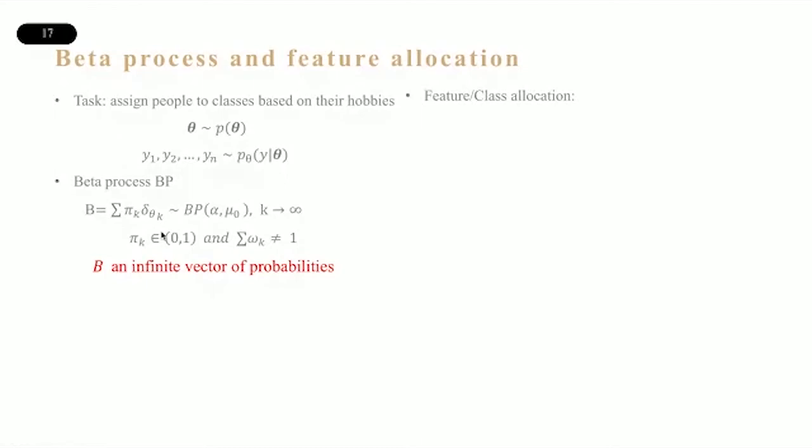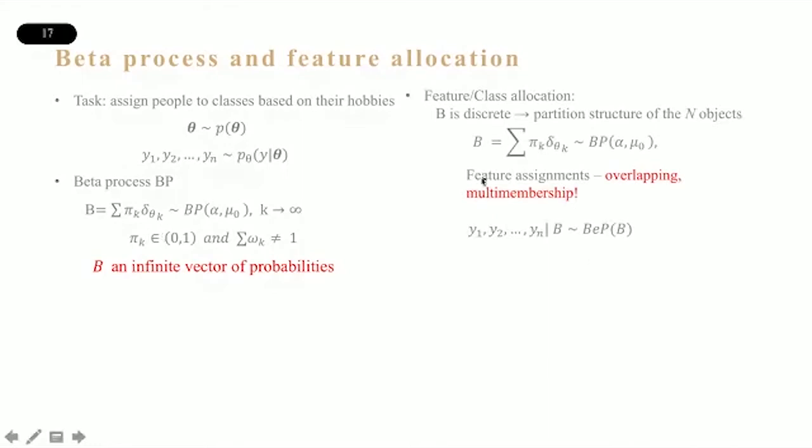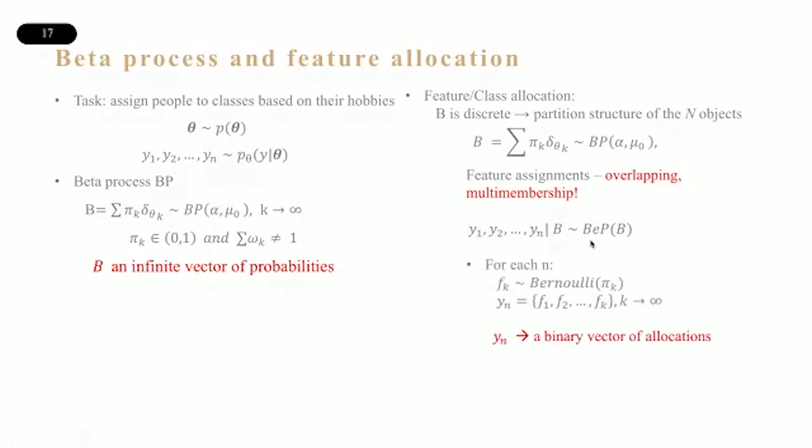How do I now construct the class allocation? It's a two-step procedure. First, I sample from the beta process, which, I repeat again, is an infinite vector of probabilities. And then, after I have sampled the infinite vector of probabilities, I sample from a Bernoulli process. Don't get confused, this is a very simple thing.